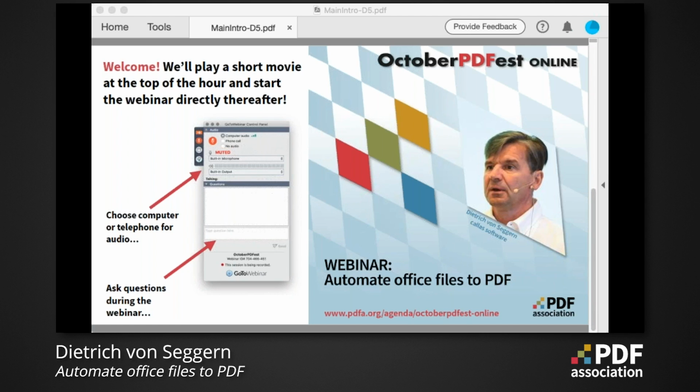So if an Office file, a Word file, uses a font that is not available during conversion, it would be substituted. However, you don't have any control about what font is used. In Microsoft Word, it's usually a Calibri font. In LibreOffice, I think it was Times, but I'm not sure.